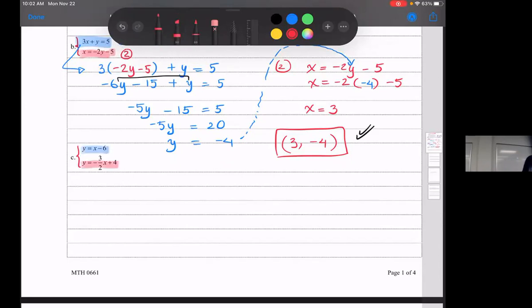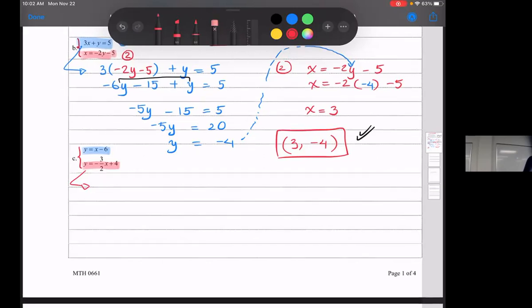So I have y equal negative 3/2 x plus 4. I'm going to plug the blue one into the red one. So instead of y, it's going to be x minus 6. And on the right hand side, it's going to be negative 3/2 x plus 4.